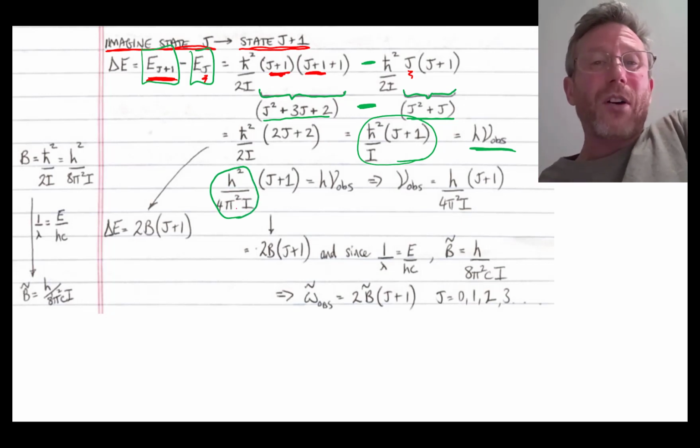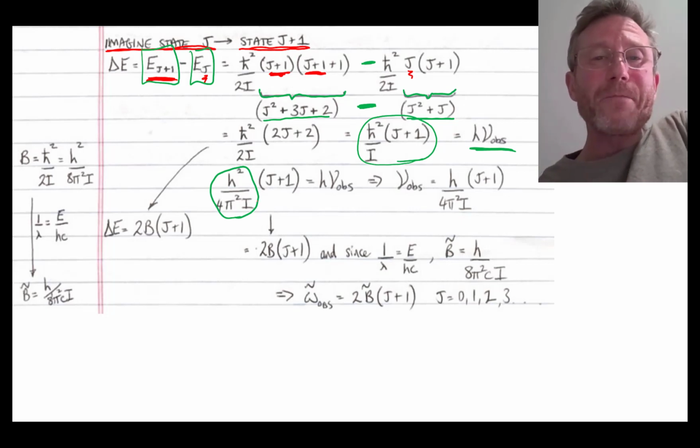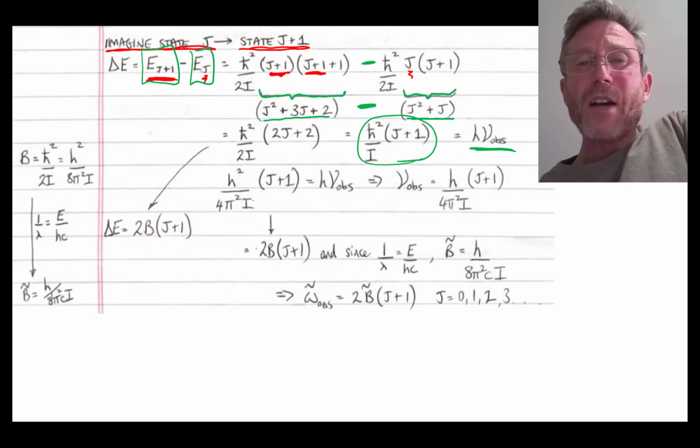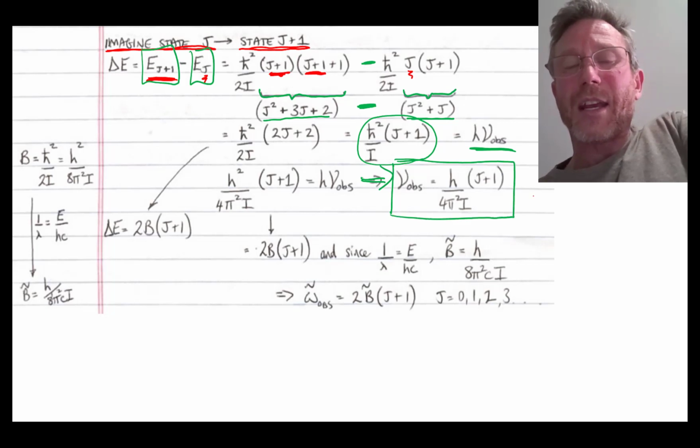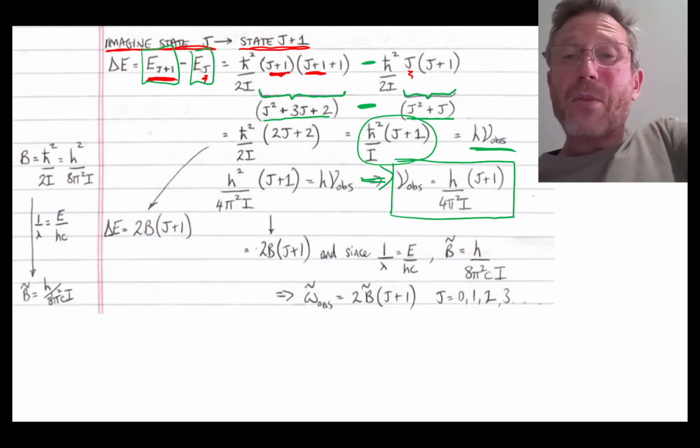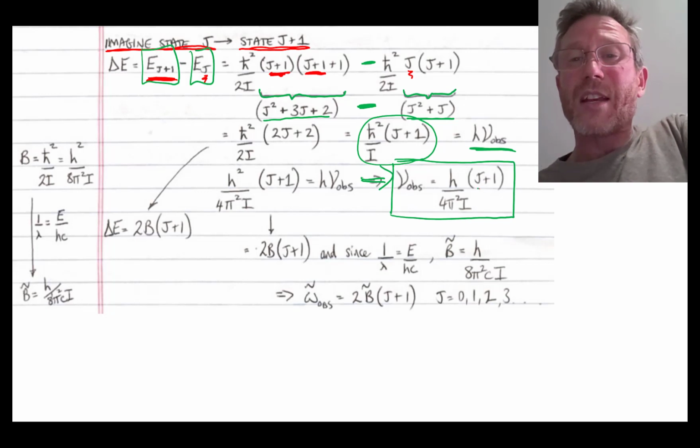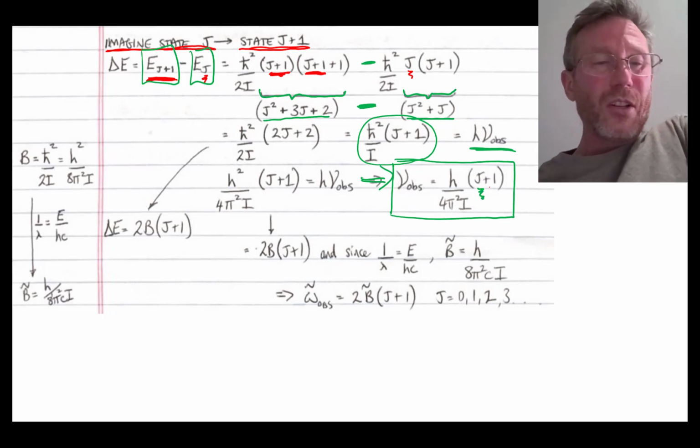So h bar squared has become h squared over 4 pi squared. So that's what's happening in here. And as I go forward, I've actually cancelled one of the h's. So I've got another expression for my observed frequency in here. That observed frequency is going to increase as I change the rotational quantum number.